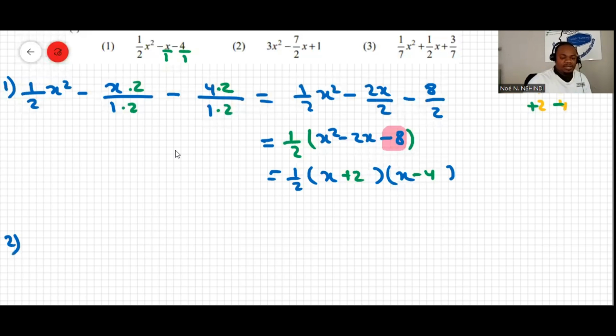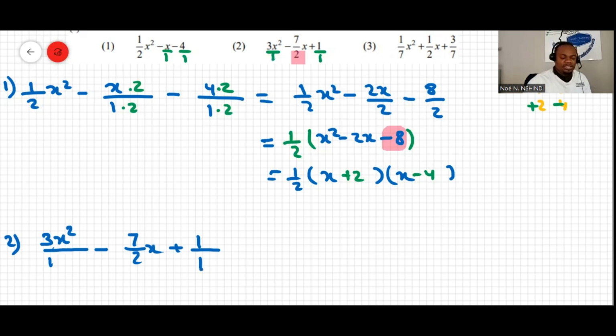We have a denominator here, which is 2. So we need to write each term with a common denominator. So 3x squared. Initially, this has 1 as the denominator. So it's 3x squared over 1 minus 7 over 2x plus 1 over 1.